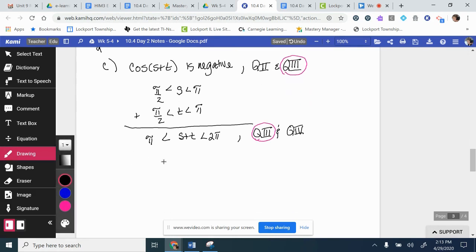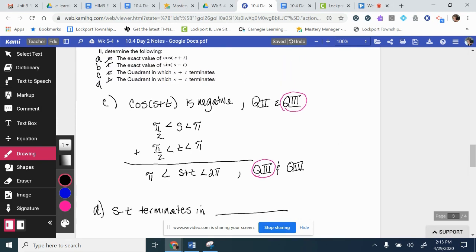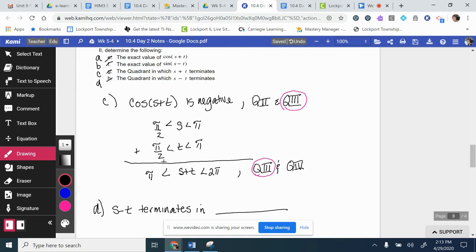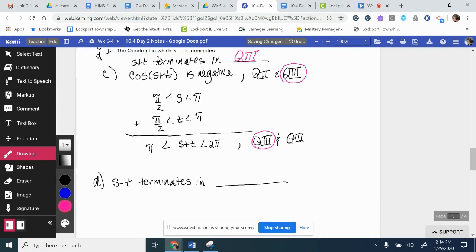And our last little question is asking about where S minus T terminates. All right, so now we need to go back and do the same type of analysis.